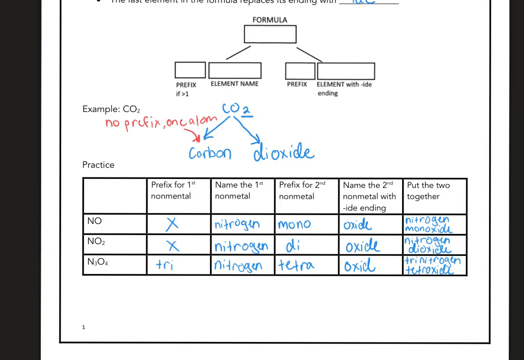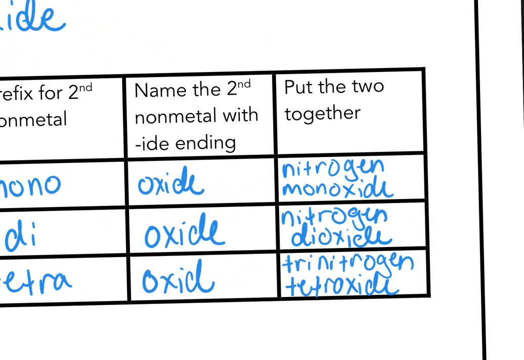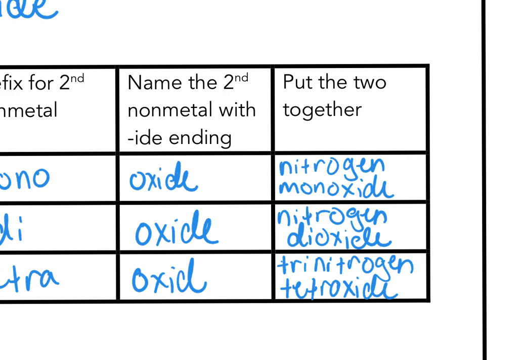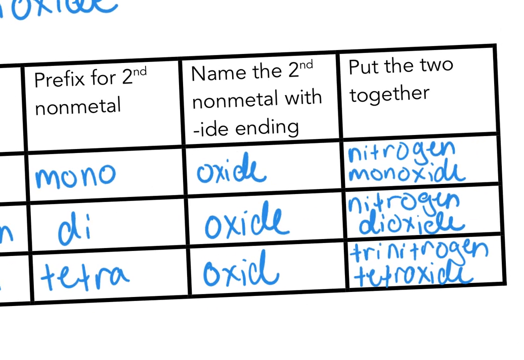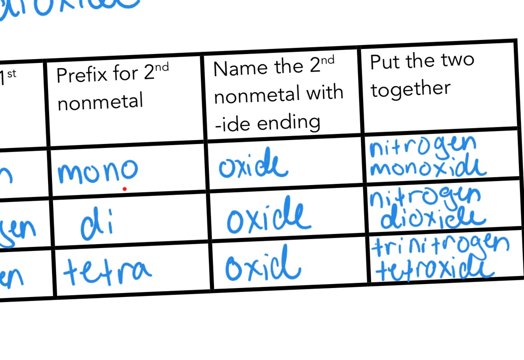One thing that I think is really important to point out is when we're putting the two together, I do know I didn't leave a lot of room, so sorry for that. But one thing that's really important to notice is that when we are working with a prefix that ends in a vowel and a non-metal element that starts with a vowel, okay? So mono and oxide are very good examples.